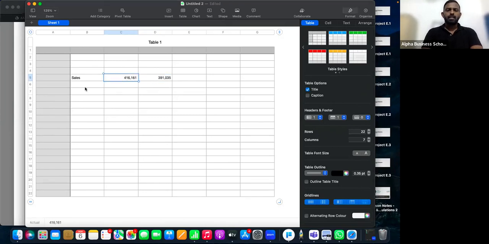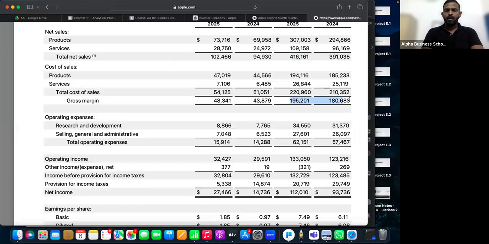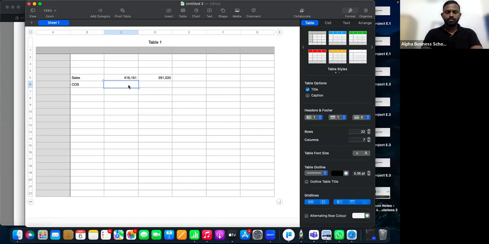So that's their sales number, and their purchase or the cost of sales number we put next, which is 195,198. So I put it here.